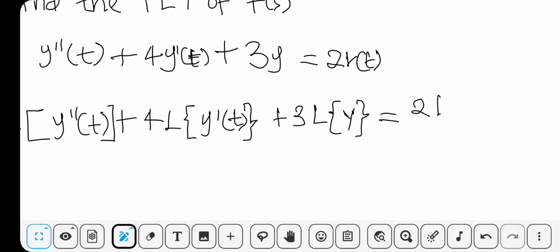So we can substitute it, which will give us the Laplace transform of 1.